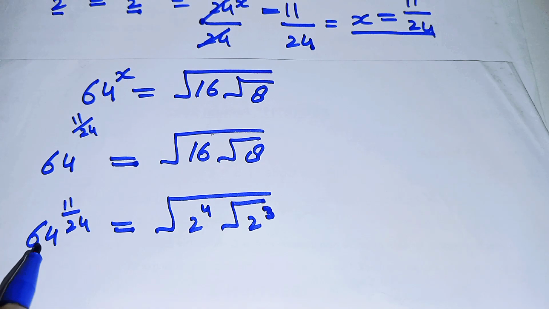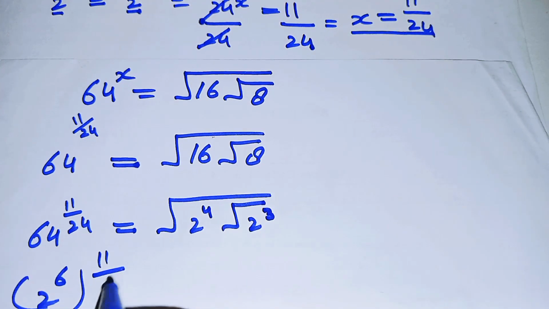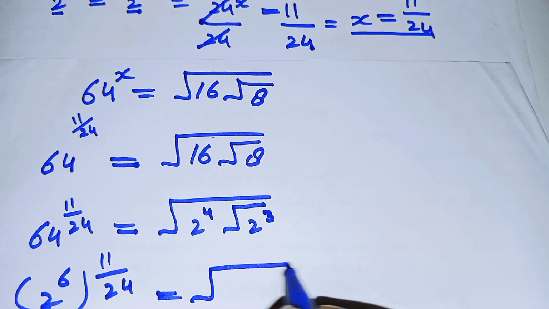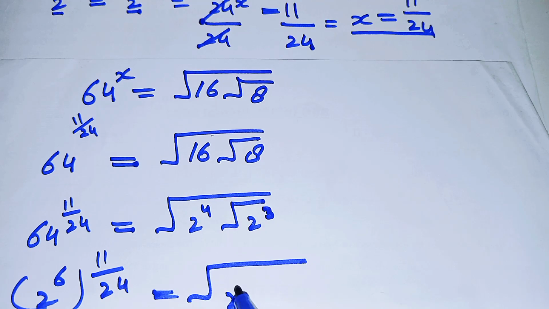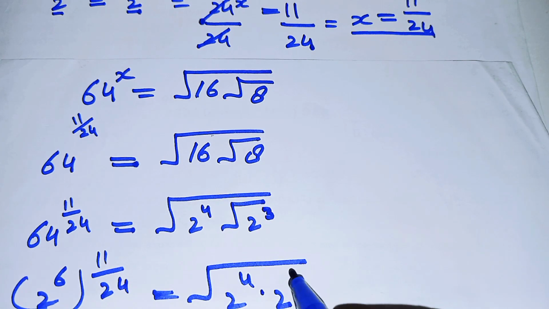And 64 can be written as 2 to the power of 6, and the whole to the power of 11 over 24, is equal to the square root of 2 to the power of 4, times 2 to the power of 3 over 2.